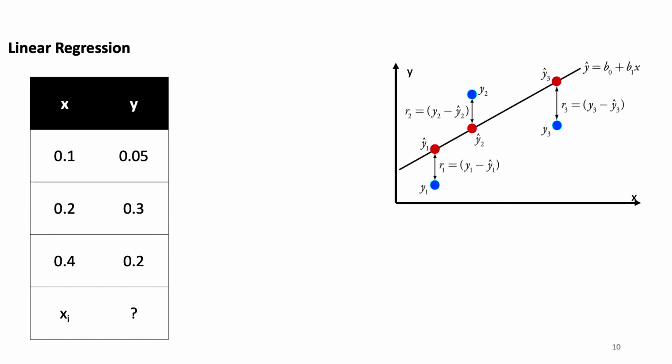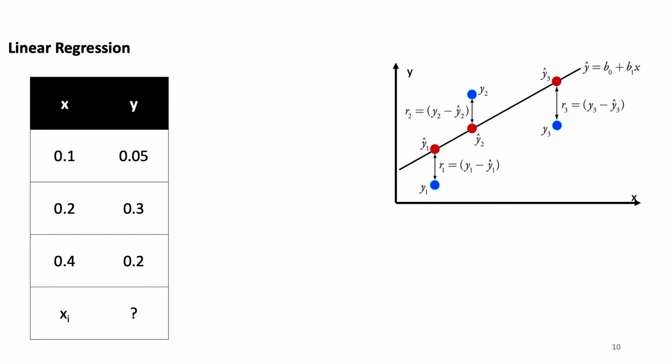So let's use simple linear regression as an example here to learn the idea of it. For example, you are given a few pairs of X and Y, right? Now you are trying to estimate Y given a new X. So here Y is the response variable and X is the explanatory variable, right?